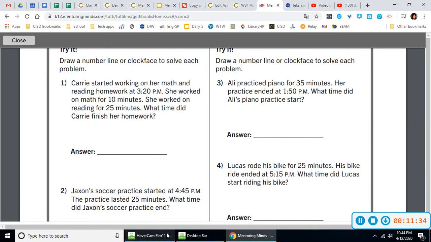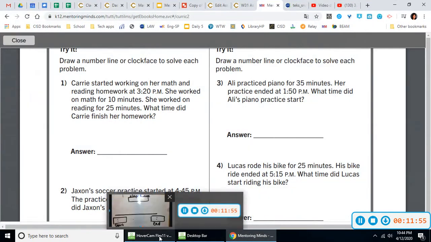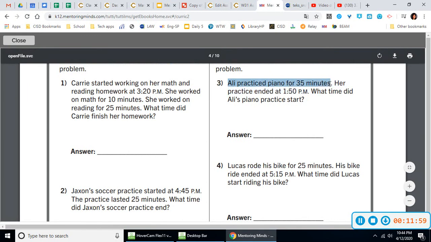Okay, as we read the problem, Allie practiced piano for 35 minutes. Her practice ended at 1:50 p.m. What time did Allie's piano practice start? Oops, wrong one. So Allie practiced piano for 35 minutes. So that tells me 35 minutes.